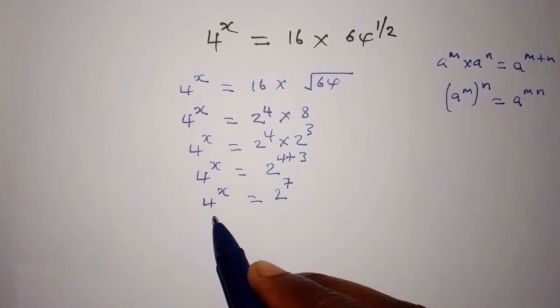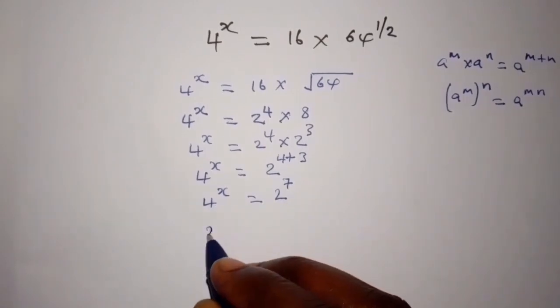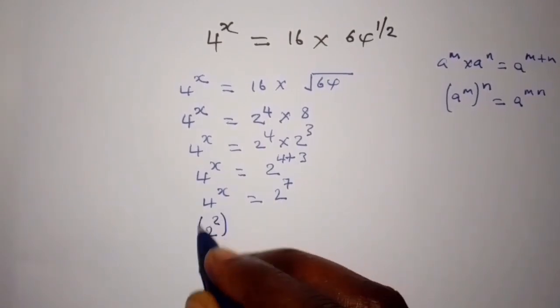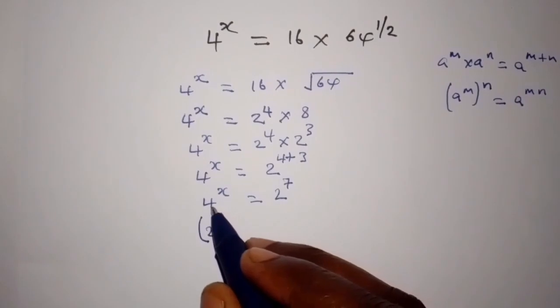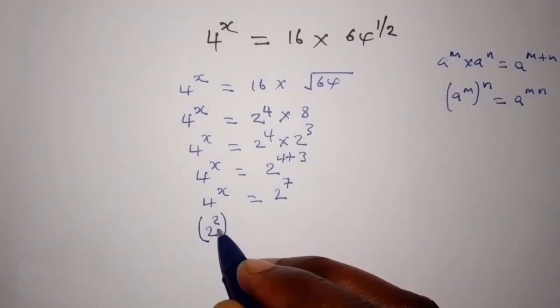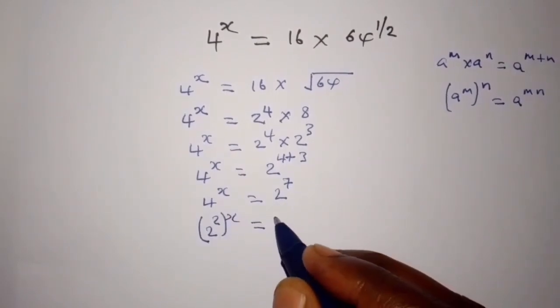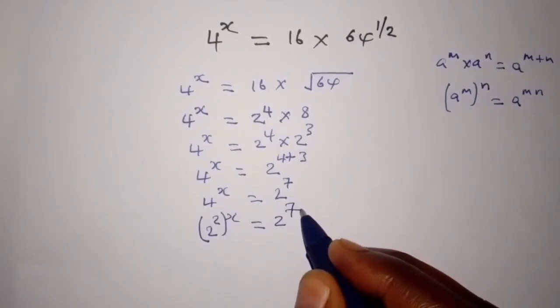Then now we can say that 4 is 2 power 2. So 4 power x is 2 power 2 in brackets power x, is equal to 2 power 7.